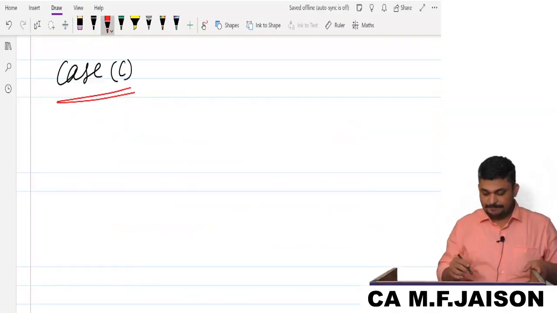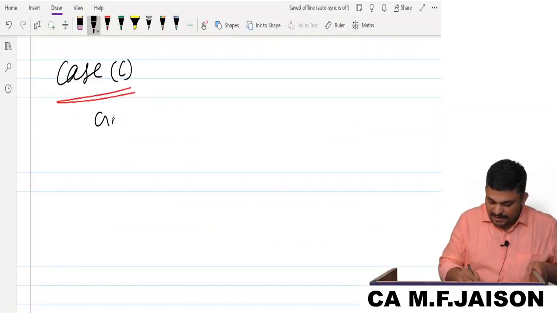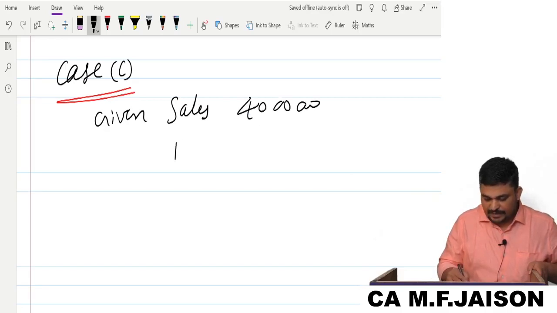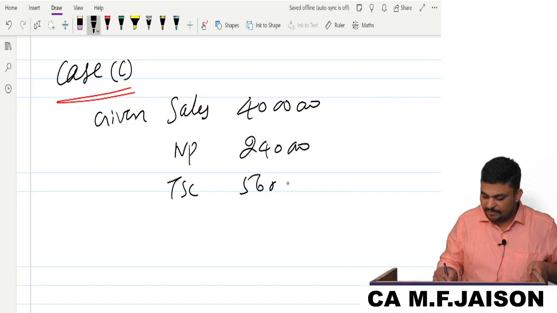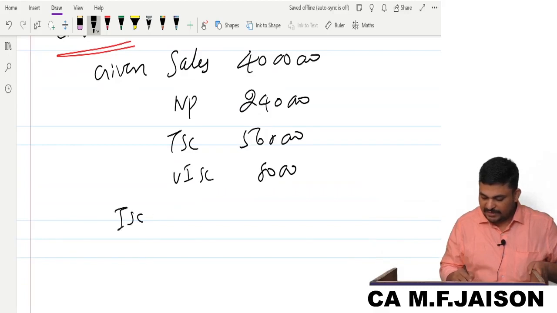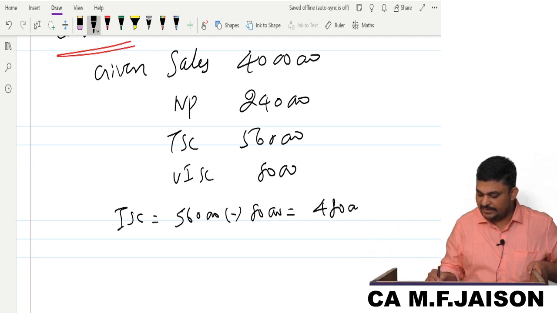So case C, facts given: sales is equal to 40 lakhs and net profit is equal to 2,40,000. Total standing charges 5,60,000. Uninsured standing charges 80,000. So insured standing charge is equal to 5,60,000 minus 80,000, which is 4,80,000.